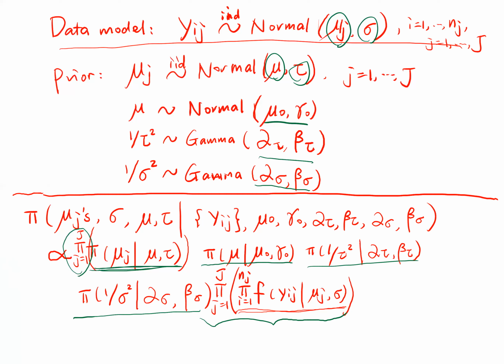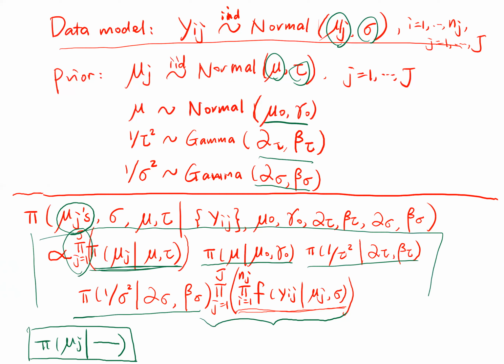It really matters later when you try to derive, say, the full conditional posterior distribution for this mu j. We typically, when you have a lot of parameters, just write this to indicate conditioning on everything else. You can keep writing it out if you want, but you can use it as a shorthand. So we know that in order to come up with this full conditional posterior distribution, in this whole thing, we have to collect the terms about mu j only.